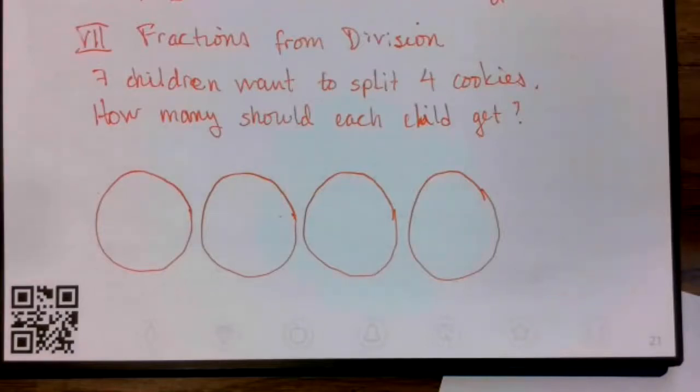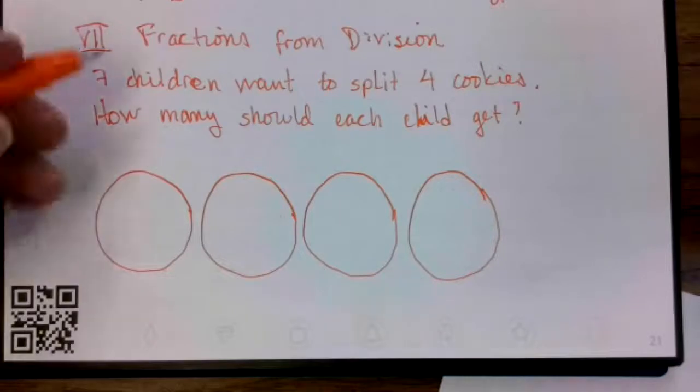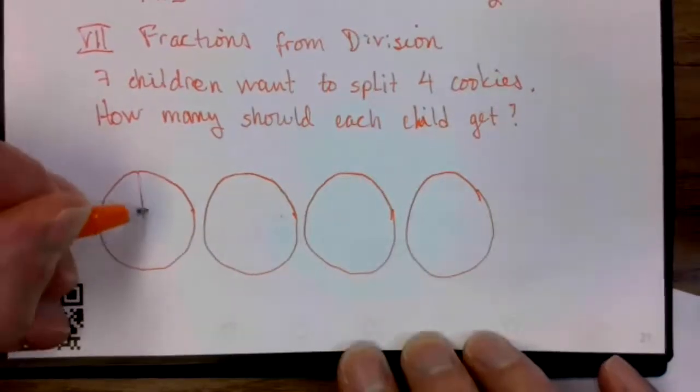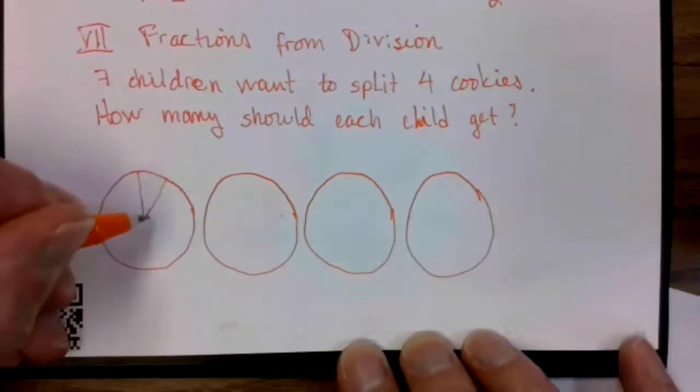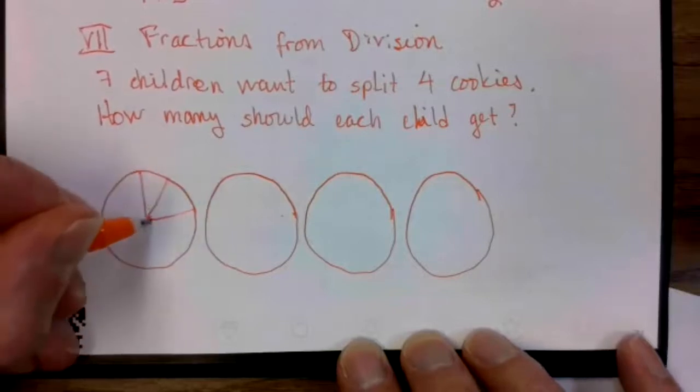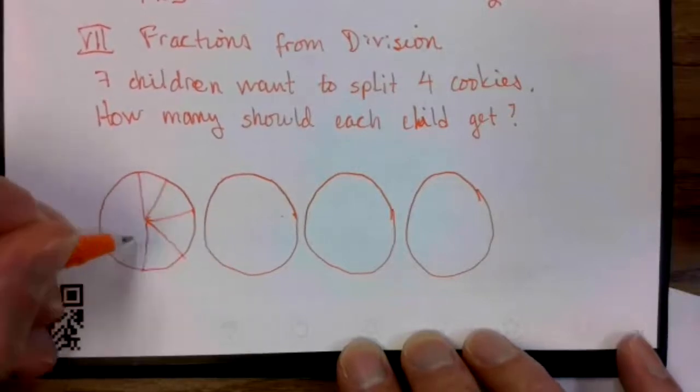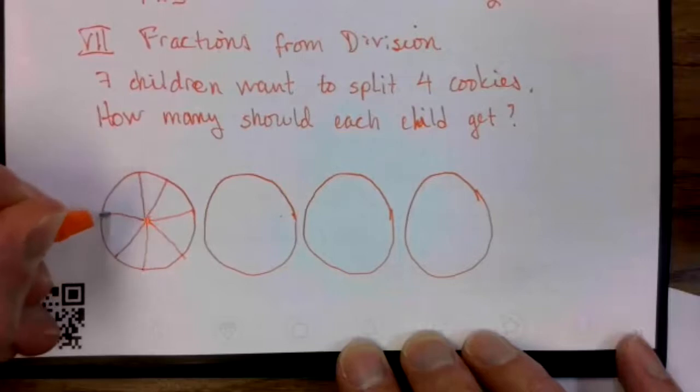Is there any way we could distribute it so that there isn't any leftover? Right, cut each cookie into 7 pieces. Okay, so 1, 2, 3, 4, 5, 6, 7.